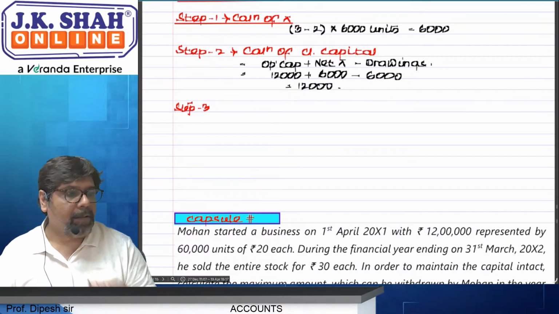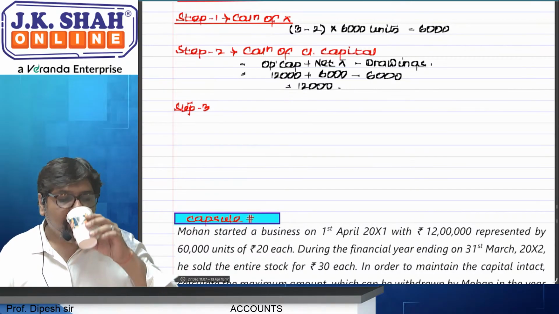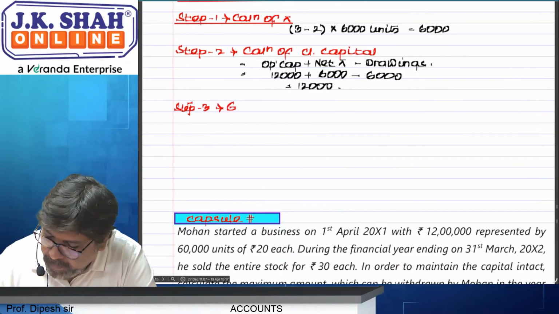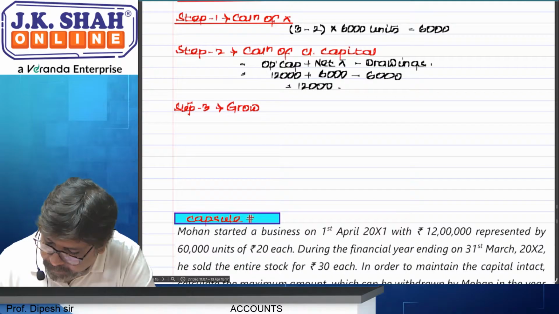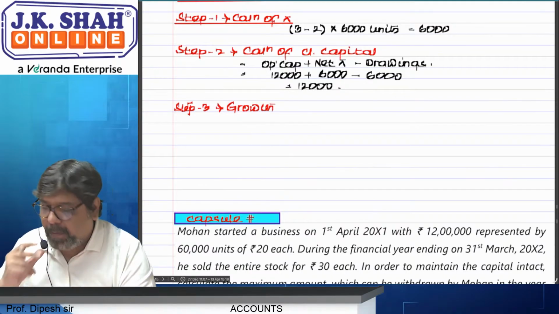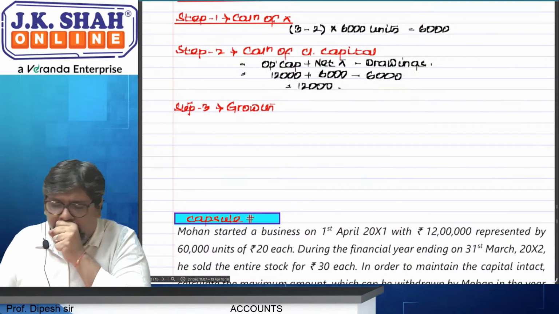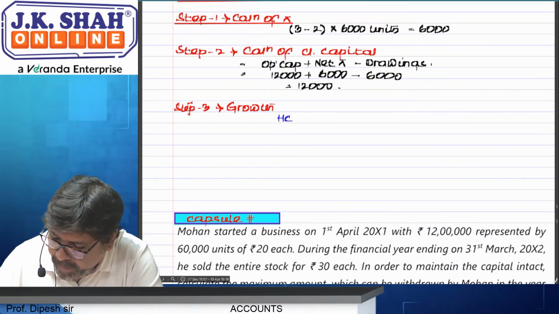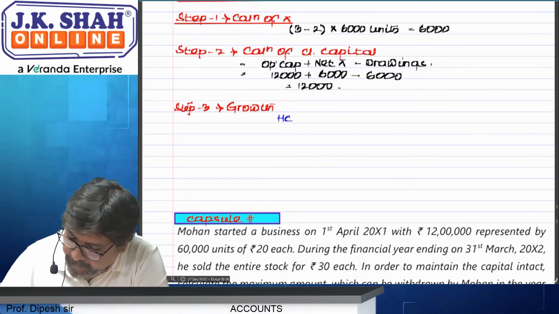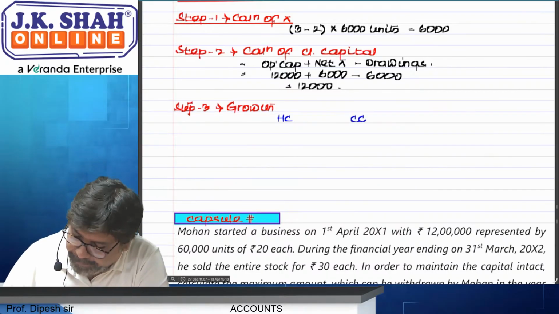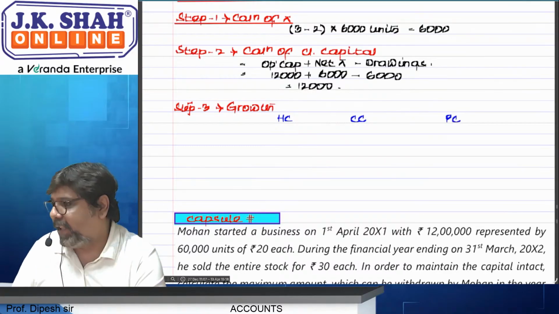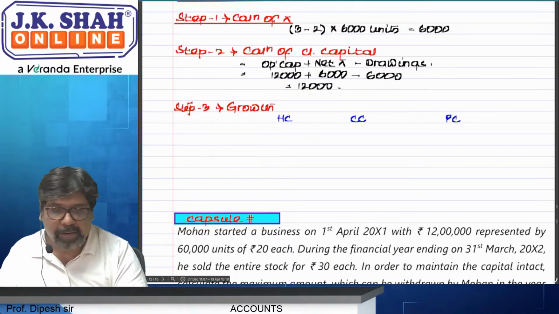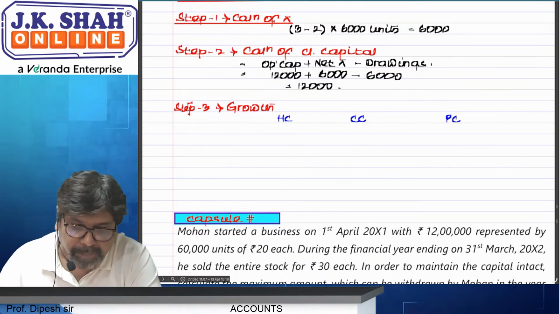Step 3. Historical cost, current cost, physical cost.